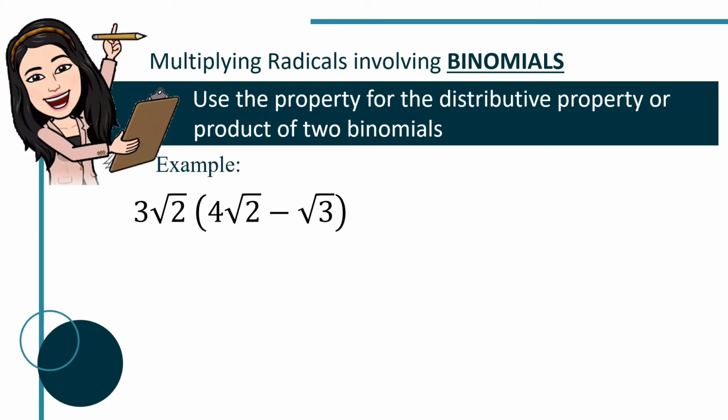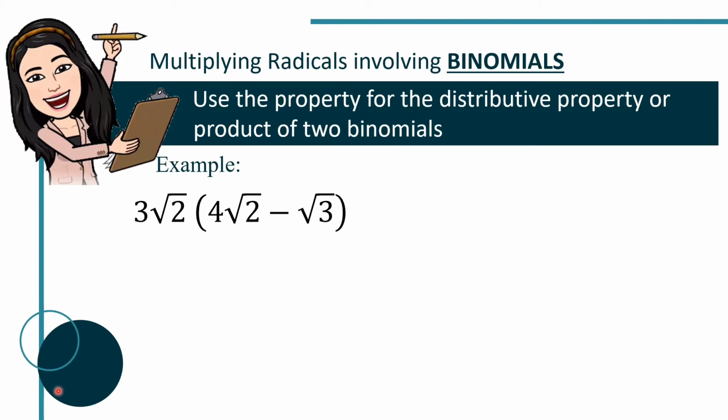Okay, ito po. A monomial and a binomial. Paano ba i-multiply ang polynomials ng isang monomial at isang polynomial? So, di ba, yung 3 square root of 2, i-multiply natin kay 4 square root of 2.